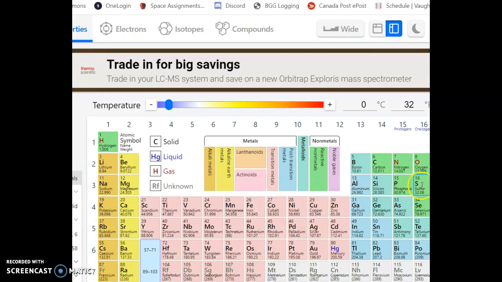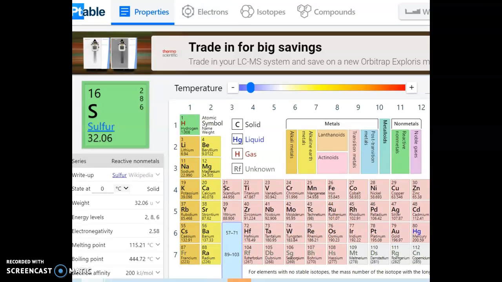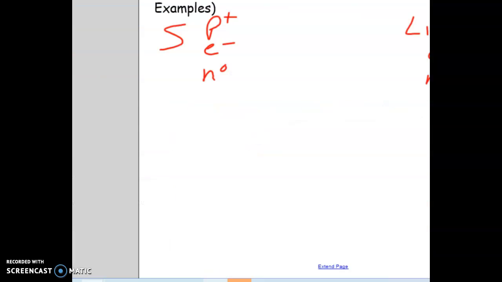Sulfur has 16 protons, 16 electrons, and then 32 minus 16, 16 neutrons, right? So 16, 16, and this one was 32 minus 16, which is 16.